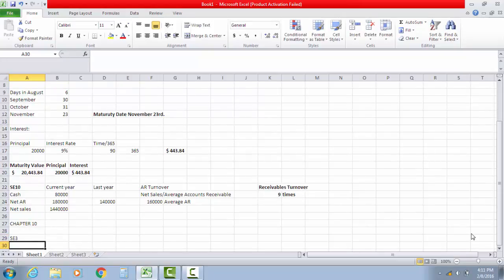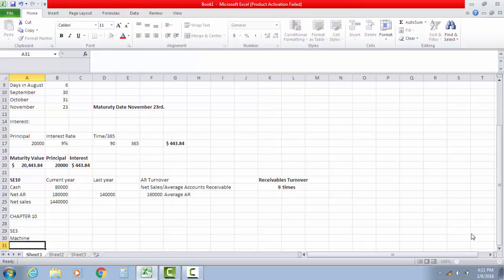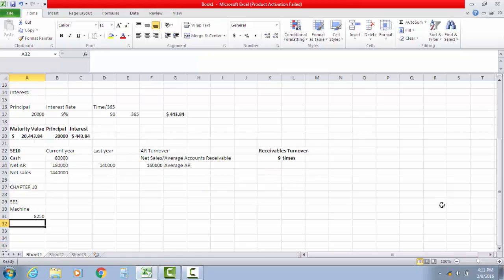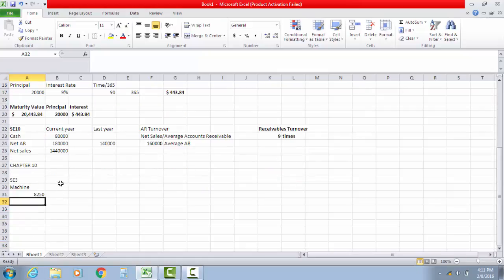And SE3 says the fitness center purchased a new step machine of $8,250. The apparatus is expected to last 4 years and has a residual value of $750. What will the depreciation expense be each year using the straight line method?